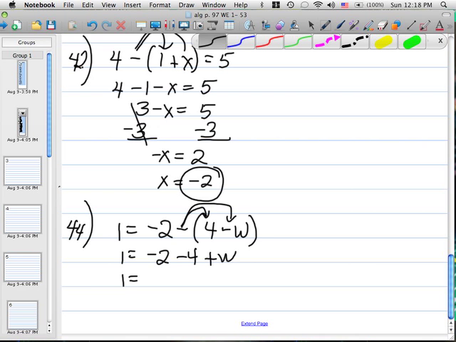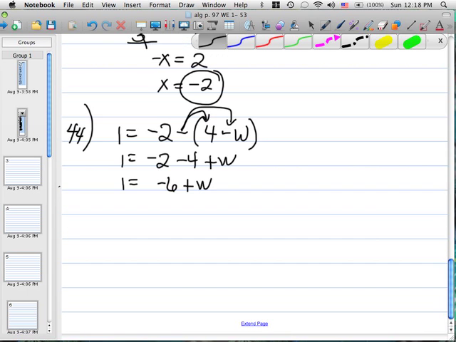A negative 2 and a negative 4 make negative 6 plus w. Nothing left to do except transform and get w by itself. I want to get rid of the minus 6, so I add 6. So I have 7 equals w. And it works. 4 minus 7 is negative 3. A negative 2 minus the negative 3 is negative 2 plus 3. It makes 1. 46.